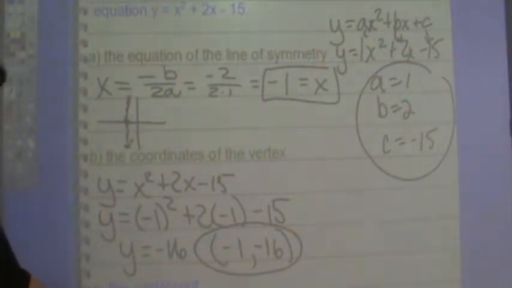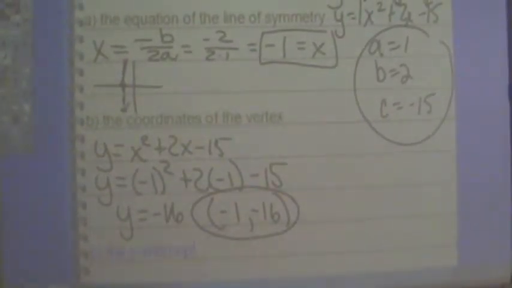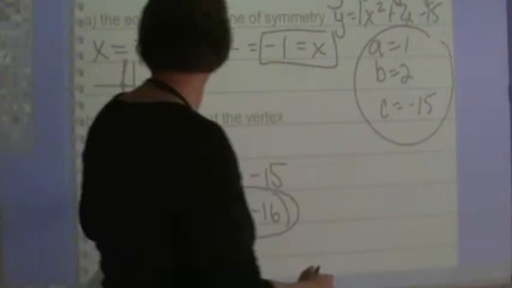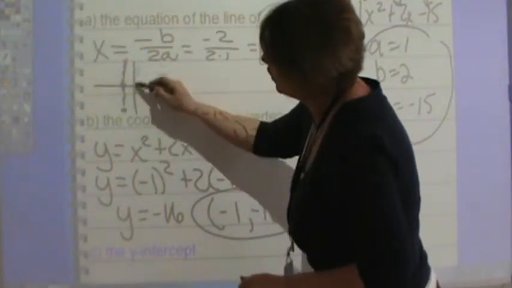And for our y-intercept, all the points on this line have x equal to 0.